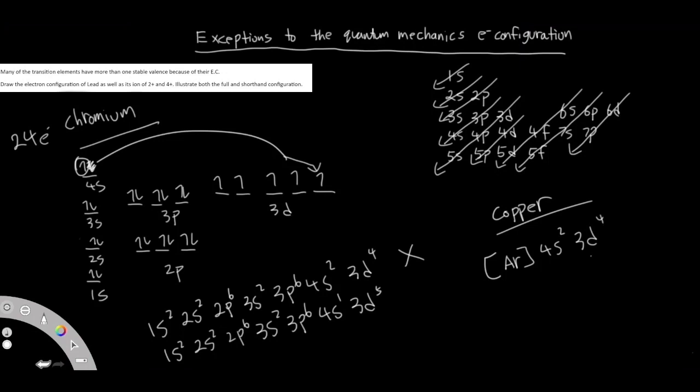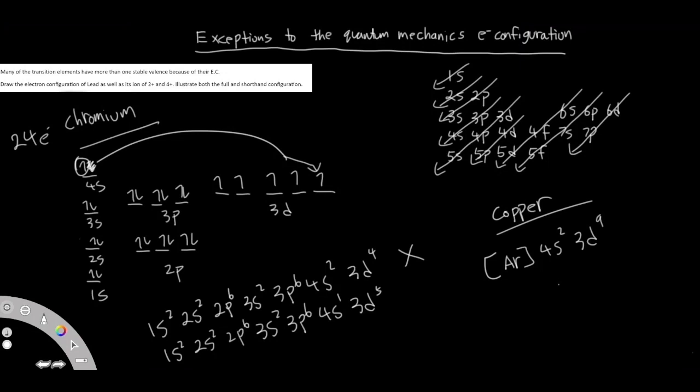Okay, that's impossible. It can't be a 4. Never mind, it has to be a 9. Yep, there we go, 3d9, right? Otherwise, it would be mirroring this, which wouldn't make sense. So this copper here has a 4s2 and a 3d9.